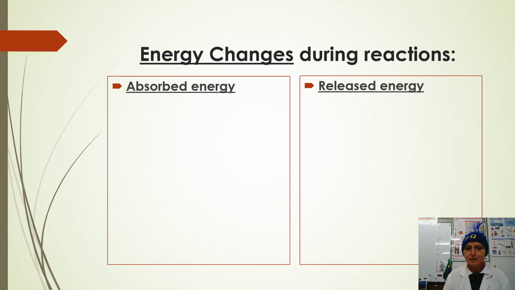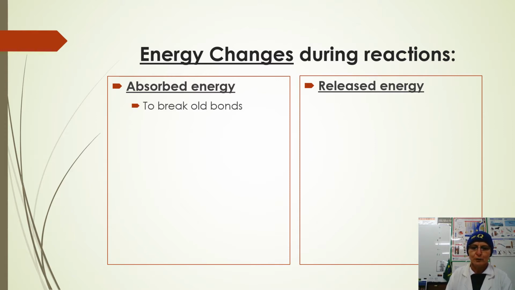Now, it's very important to note that when you break old bonds, those atoms need energy to separate. So energy is absorbed. When new bonds form, when the atoms come together to form the new compound, energy is released.